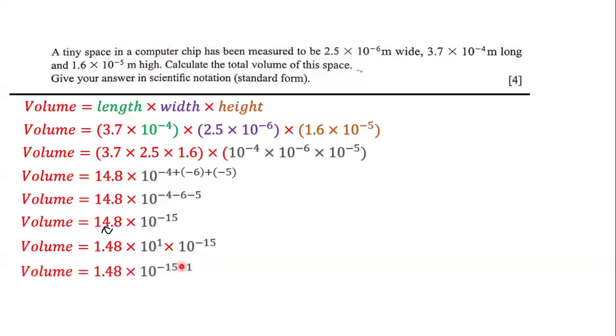Negative 15 plus 1 is definitely negative 14. And so we have 1.48 multiplied by 10 to the power of negative 14. This is the volume expressed in scientific notation or standard form, and that's the answer to this question.